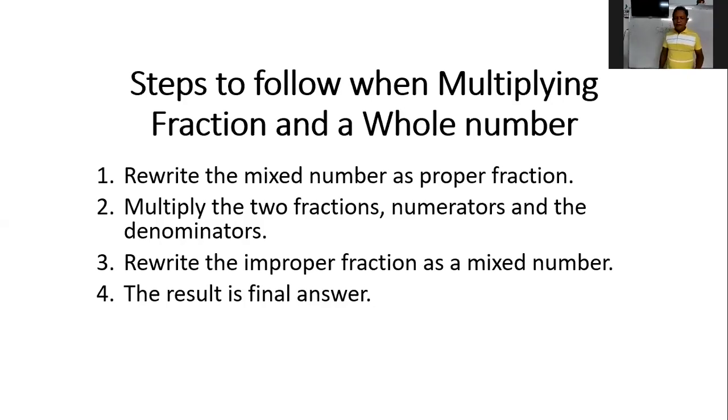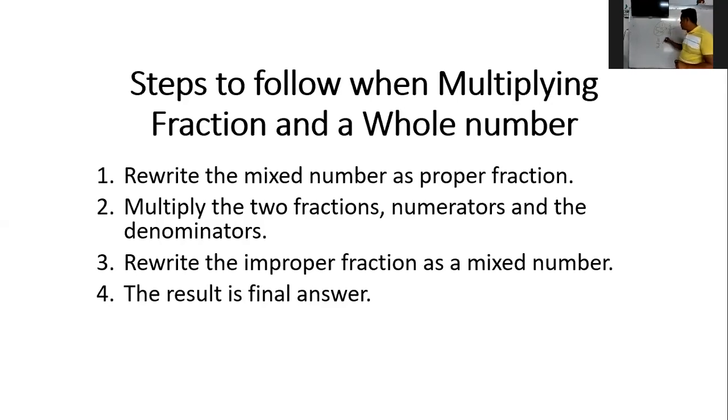Okay, let's try doing it. For example, 2 times 5 equals 10. And 10 plus 1 equals 11. So this mixed number now becomes 11 over 2.